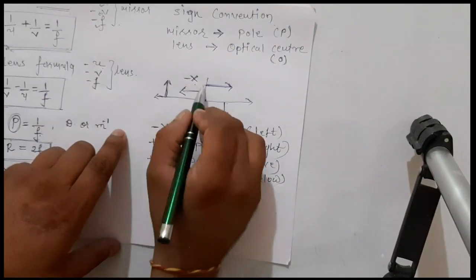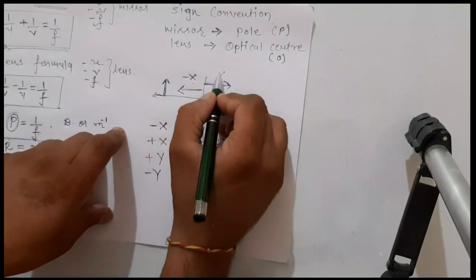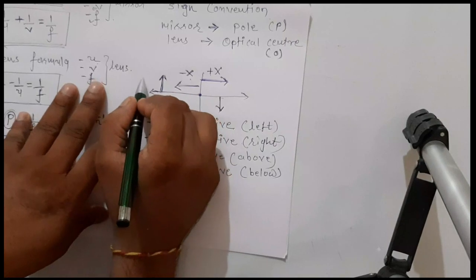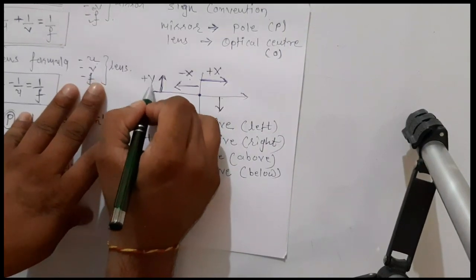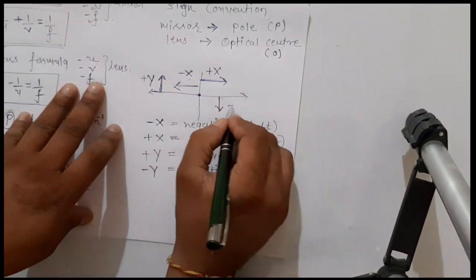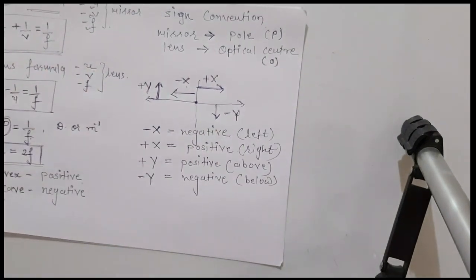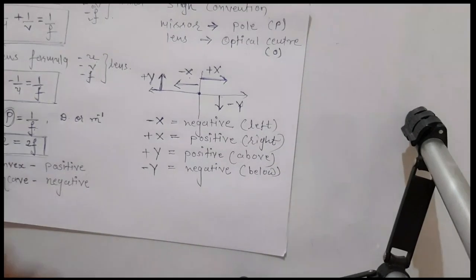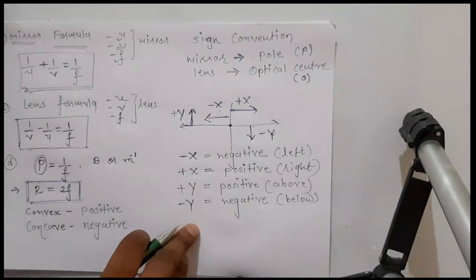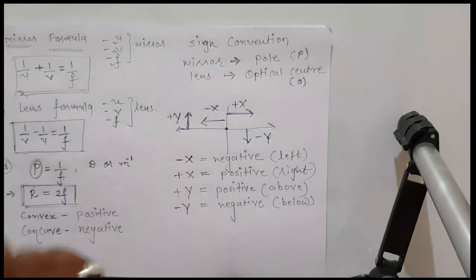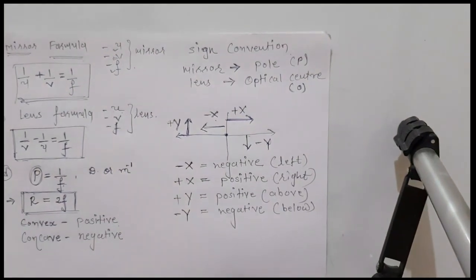So minus x-axis negative, plus x-axis positive, plus y-axis positive, and minus y-axis negative. So when we are calculating any sum related to mirror or lens, we will always follow this type of sign convention. Keep that in our mind.